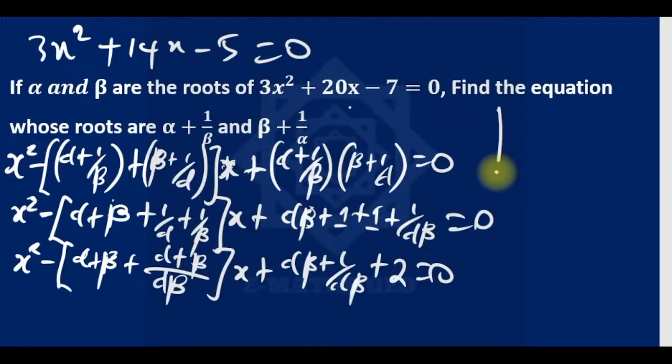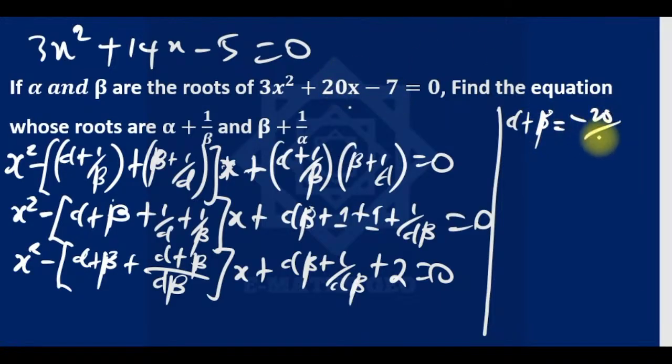So meaning that the sum of their roots, using our sum formula for roots, is minus 20 over 3, while their product is minus 7 over 3. So we need to substitute this here. Do you see the logic? They told us this and this are the roots of that. So the sum is, using our formula minus b over a, minus 20 over 3.